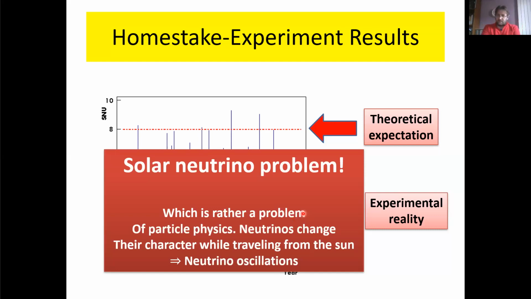But this factor of 3 immediately triggered the thought of 3 neutrinos. How about the sun produces these electron neutrinos, but then when traveling to here, neutrinos have the ability to change their character from electron to mu neutrino, from electron to tau neutrino?